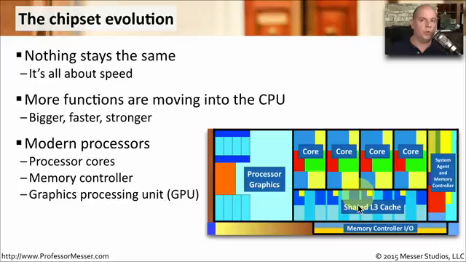When we looked at our North Bridge or our memory controller hub, it was a separate chip on that legacy motherboard. But notice here that the memory controller and the memory controller input-output are integrated into the CPU itself. This is on the Intel Ivy Bridge CPU. And in fact, the external processor for the video that was elsewhere on the motherboard has also been integrated into the CPU itself.